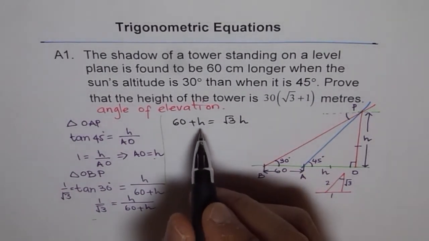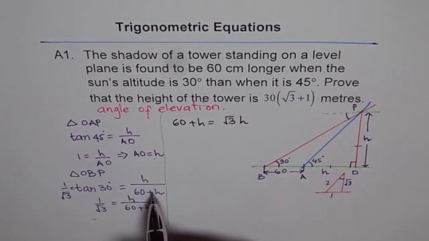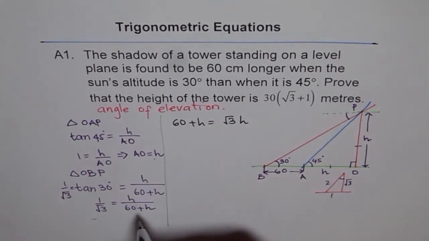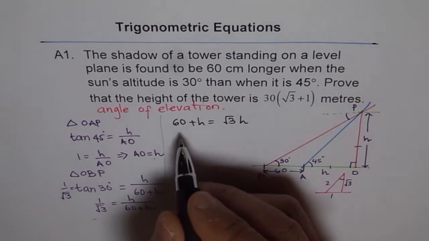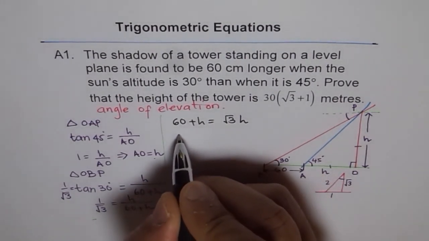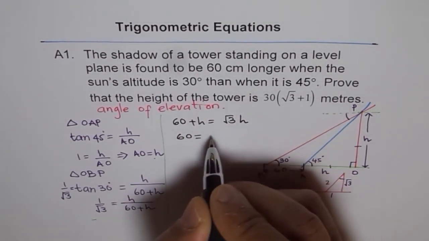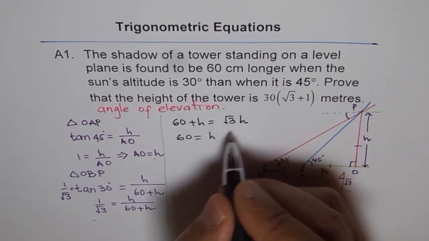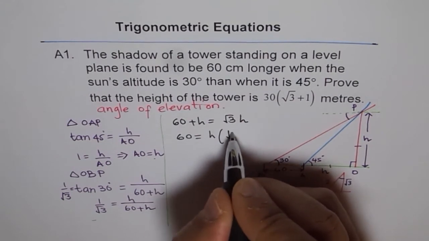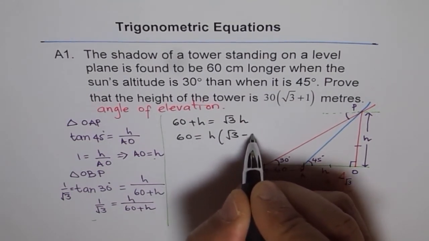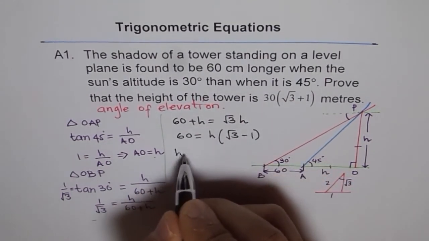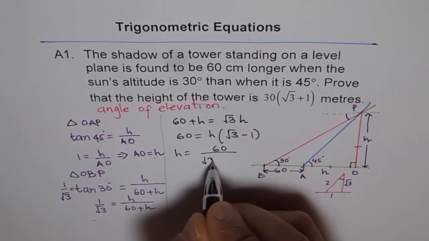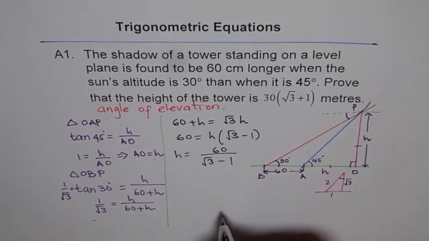So we get 60 equals square root 3 h minus h. Let's take h common, because square root 3 minus 1, and so h is equal to 60 over square root 3 minus 1.